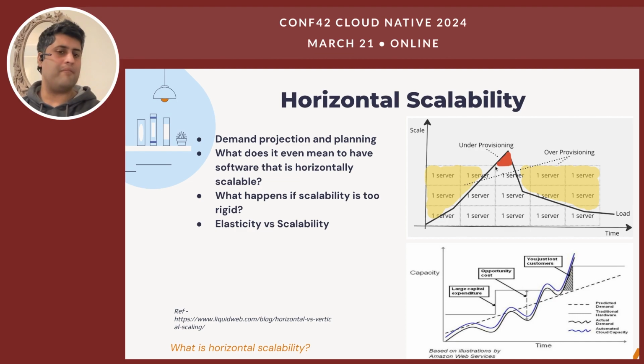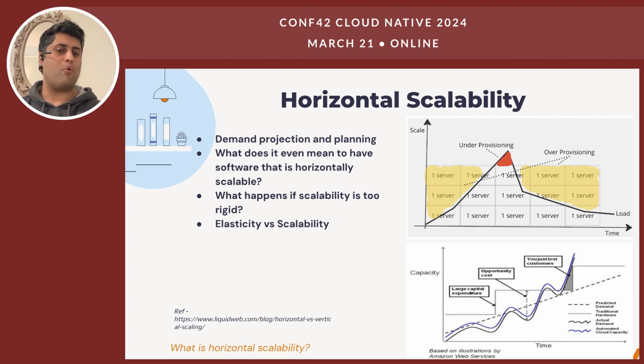Until you hit this limit where you have provisioned something. Once you cross this limit, now you are under provisioned because you don't have any server above this that you could provision. Now suddenly you might end up running to the market trying to buy new servers. I mean, you live in the world of cloud, so you're provisioning a new server, but that's still a problem. You have to do something.